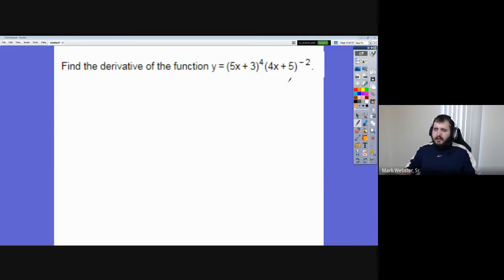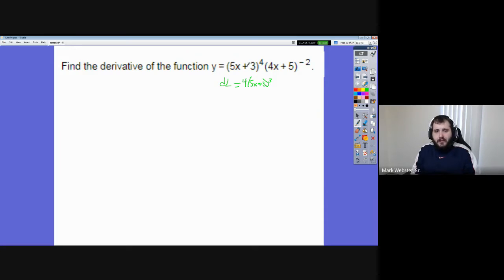Same idea, same exact problem, just now with a bunch of polynomials instead of a bunch of trig stuff. So once again, left d right plus right d left. Well, let's get our d left and our d right. When you do this one, you bring it down, and then you multiply it by whatever's inside. 4 goes down to 3, right?